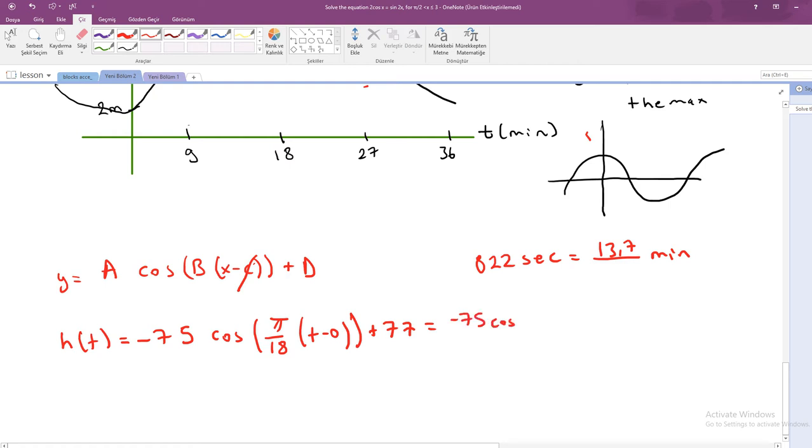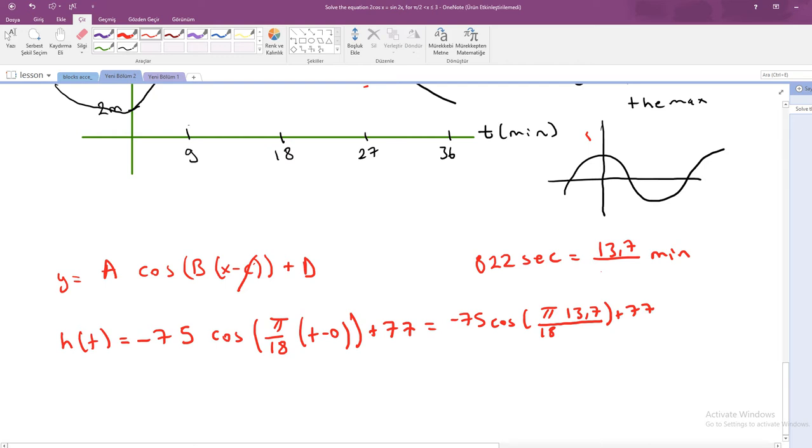Minus 75 cosine, pi over 18 for t, it is 13.7, we can do it like this, plus 77. So let's calculate it. 75 times cosine, instead of writing 3.14, please write pi. Find it on your calculator, press second and the button there.